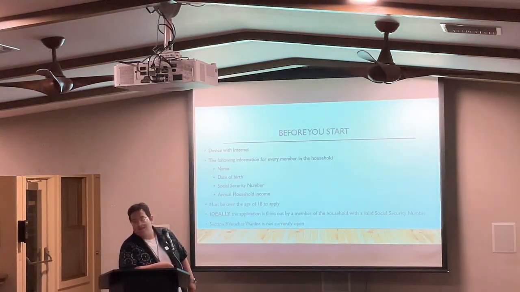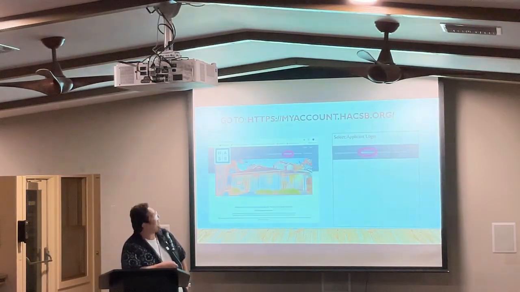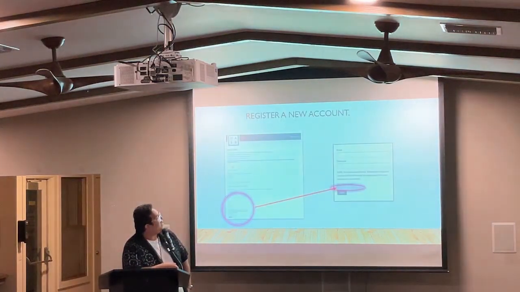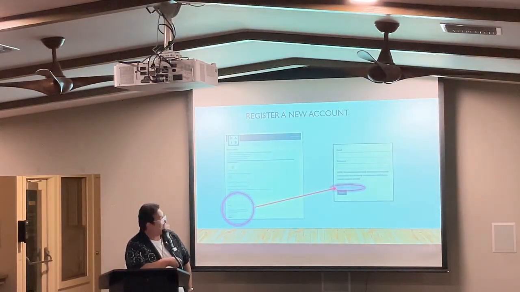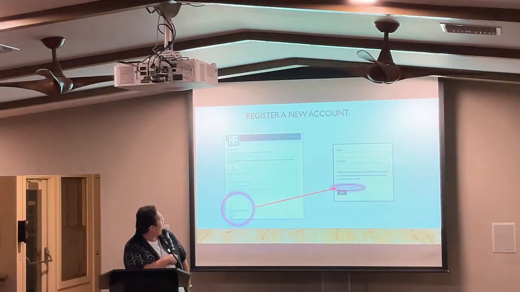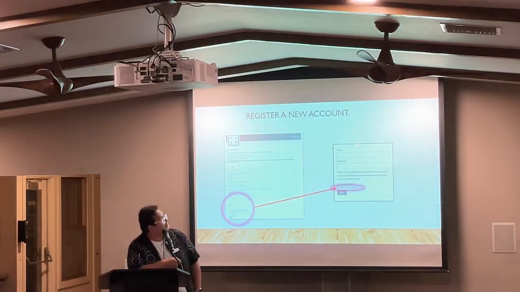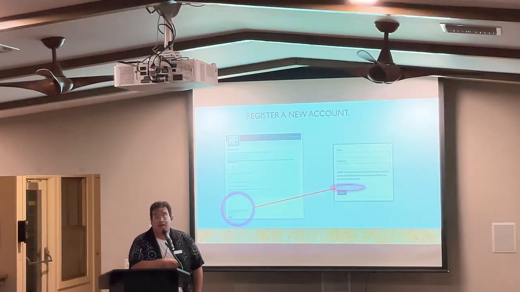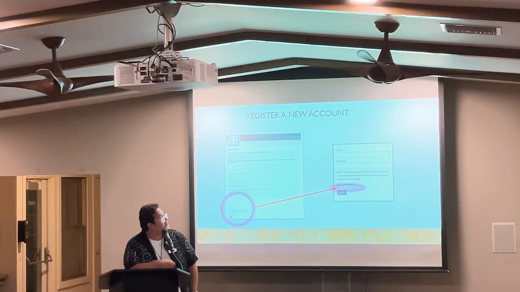Once you go to that page, it's going to take you to this one. And here, at the very bottom, you'll see it asks for email and password. That's if you've already created an account. If it's your first time applying, you're going to click here to register. And that's going to start you on the registration process for the portal.